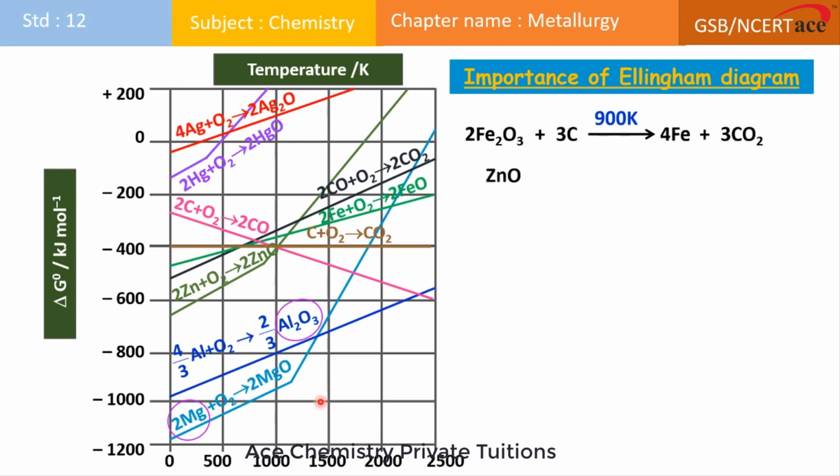Similarly, if I take zinc oxide and mix carbon, let us compare the zinc oxide formation and the iron oxide formation graphs. Which graph is at the lower part of the y-axis?